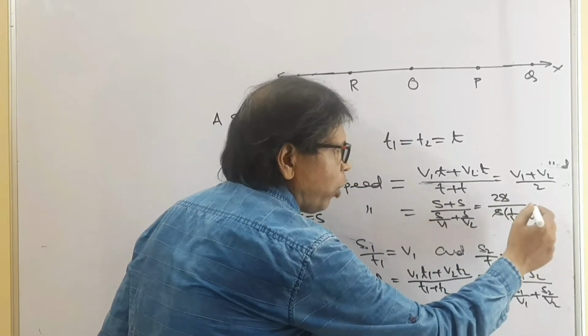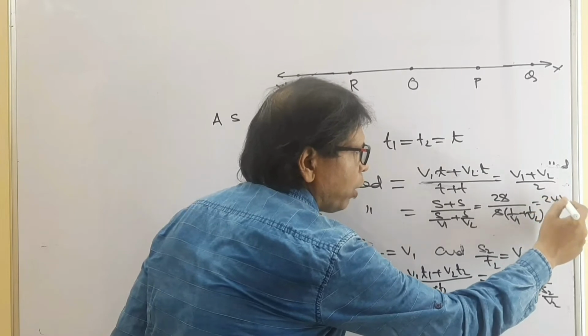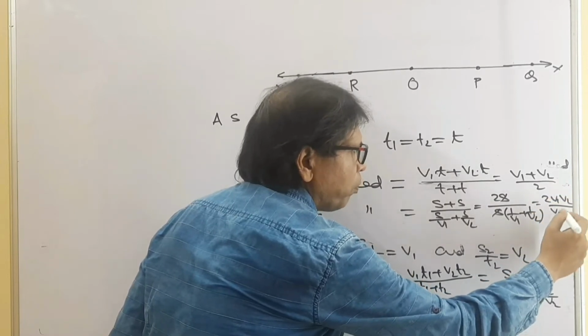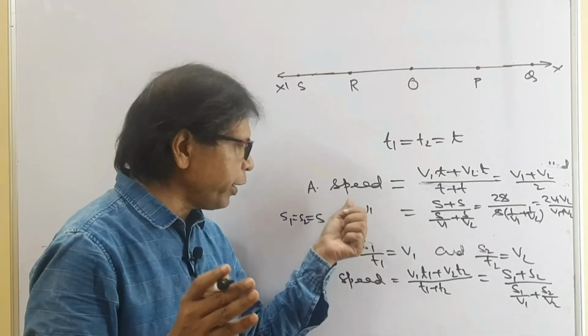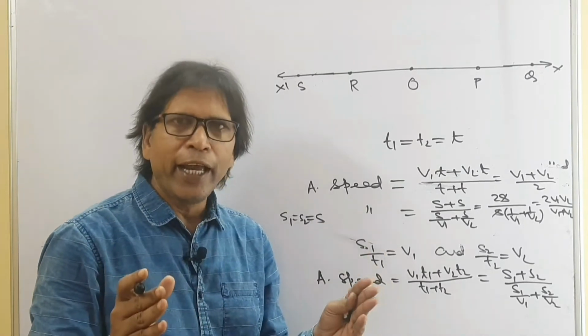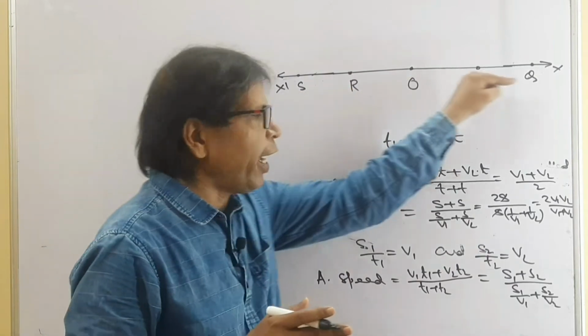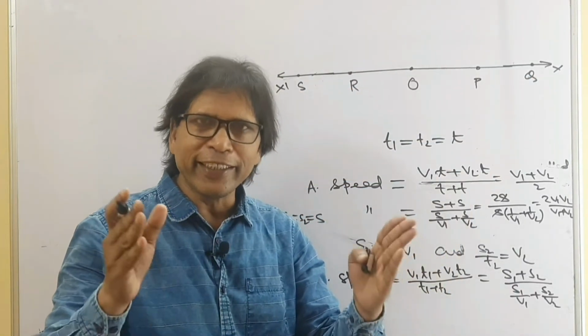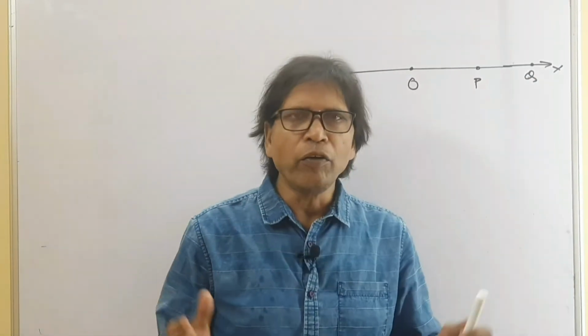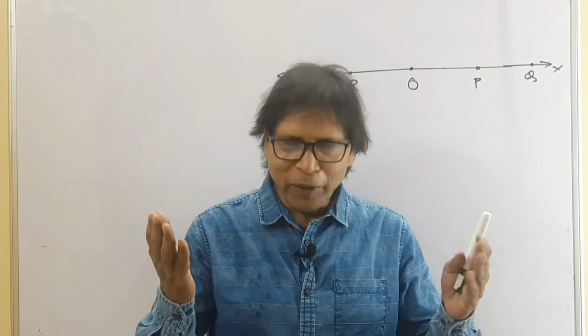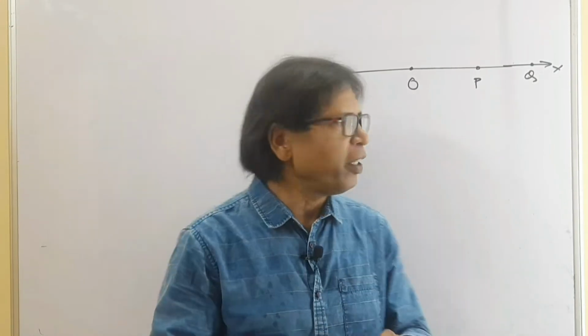Now s cancels out. So this is 2 v1 v2 divided by v1 plus v2. This is an important relation for speed as well as velocity if the motion is in a straight line without changing direction.